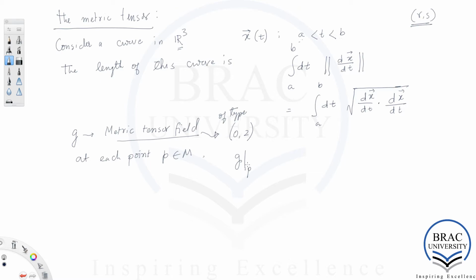This tensor is a multilinear map, as we discussed in the previous lecture, and since it is of type (0,2), it is a map from T_pM cross T_pM to R. Use your knowledge of lecture 3.